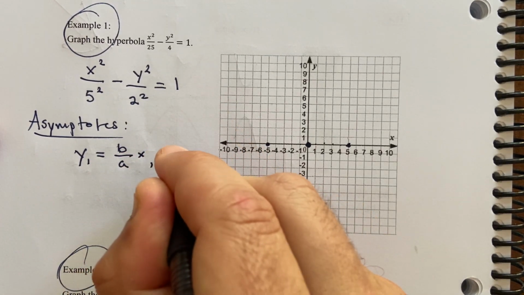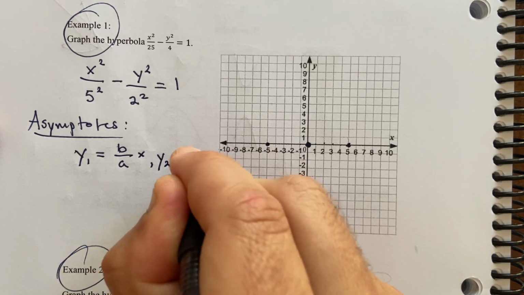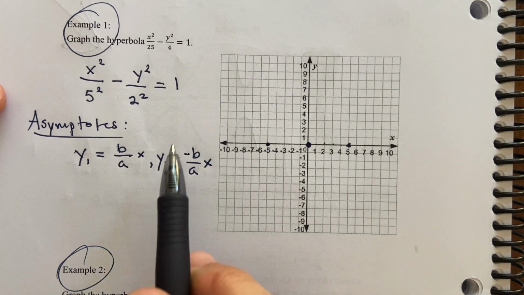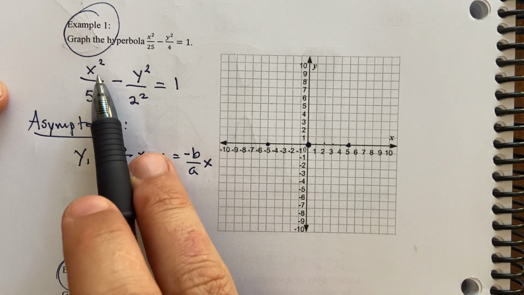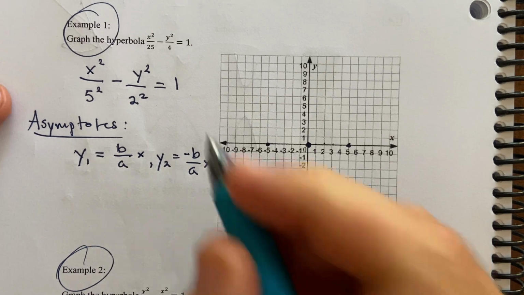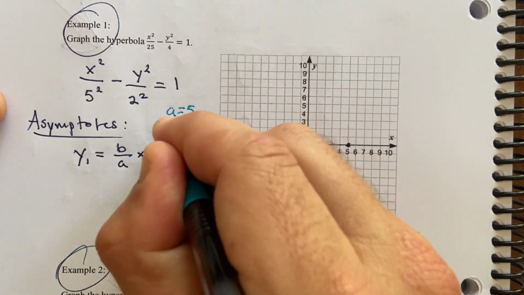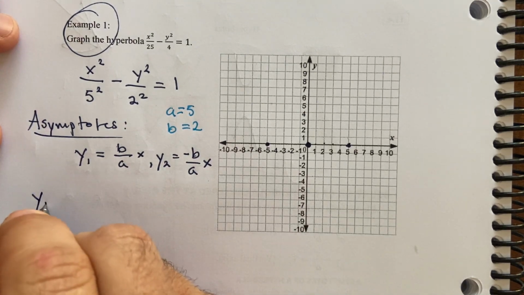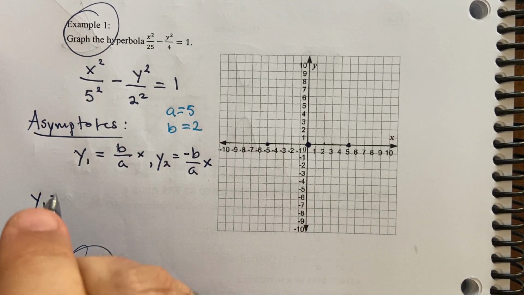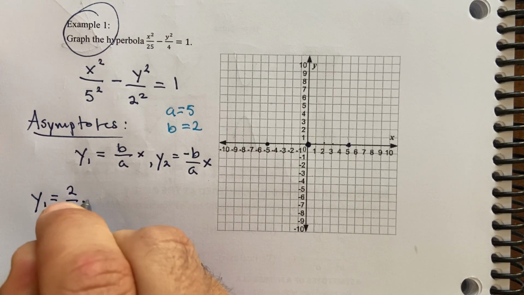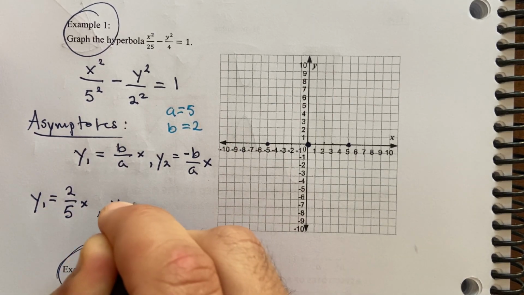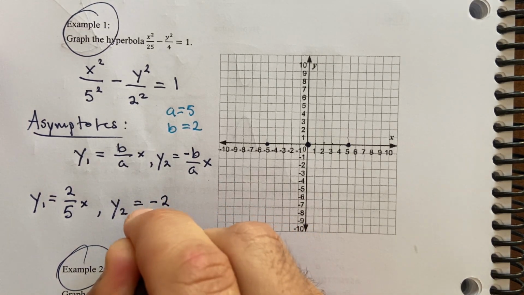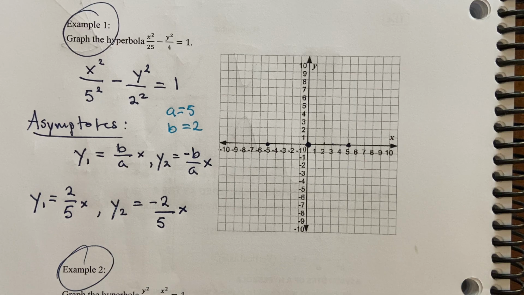The second one comes from negative b over a times x. a is always associated with x. Just to make that clear, a is 5 and b is 2. So y1, the first asymptote, would be 2/5 x. y2, the second asymptote, would be negative 2 over 5 x.